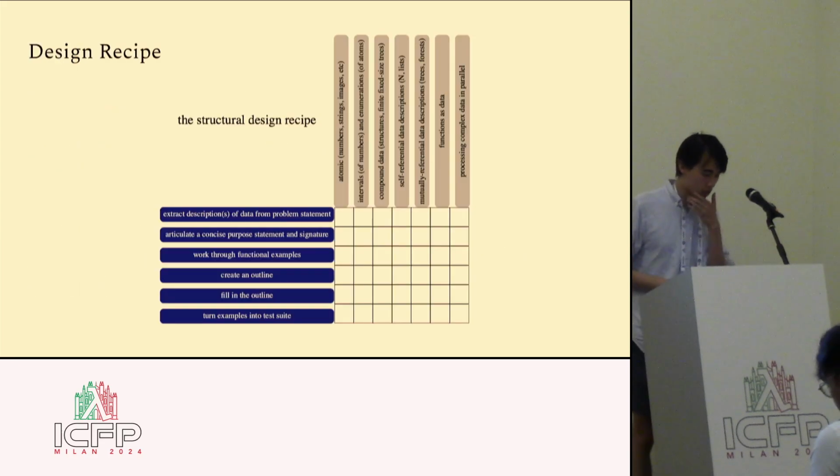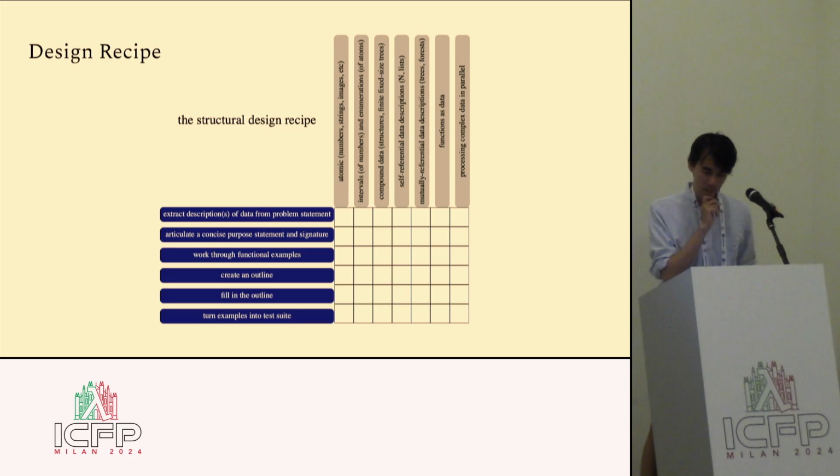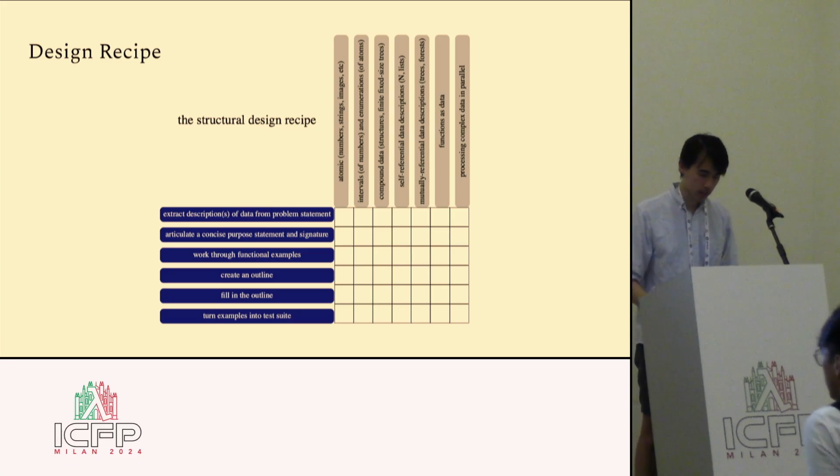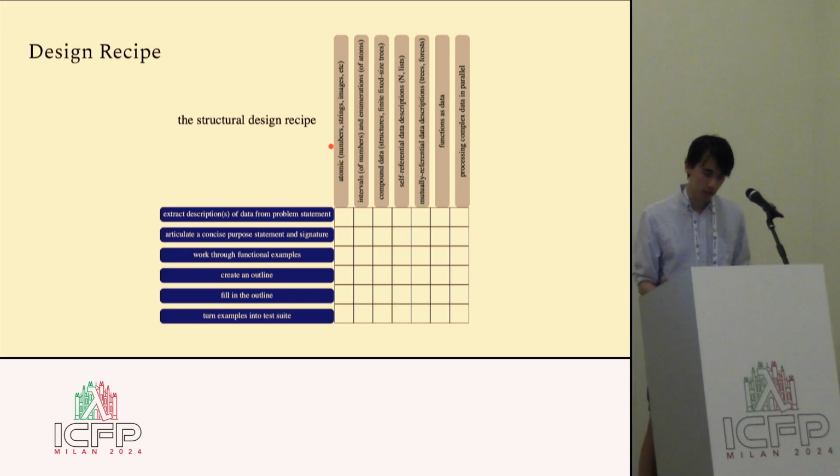Okay, so let me talk a bit about the structure of the course. Probably a lot of you are familiar with the design recipe, which goes something like this. On the left-hand side, you have steps of the design recipe, and along the top, along these columns, you have different kinds of data. You start with atomic data, like numbers, and you go to more structured data, mutually recursive data, et cetera.